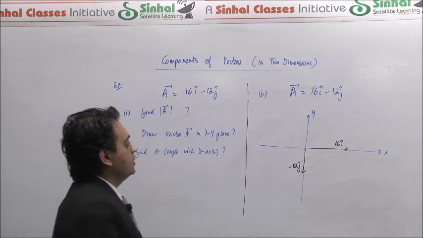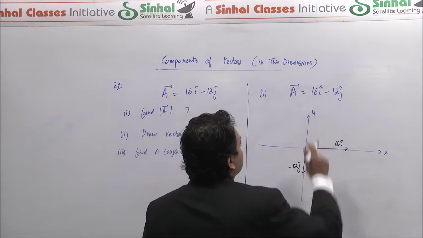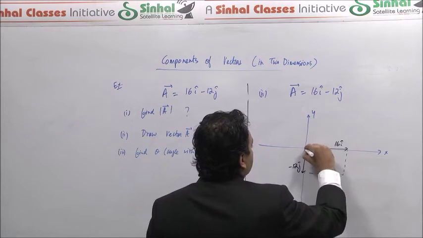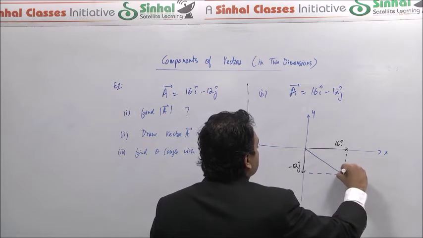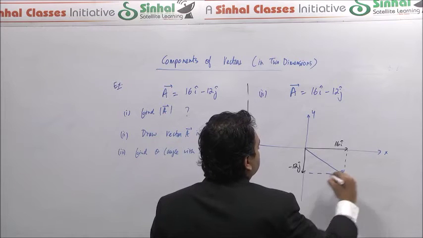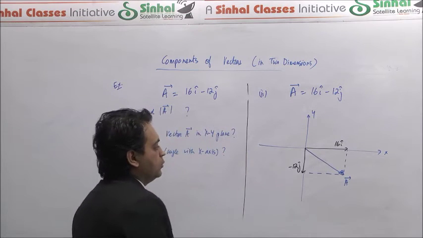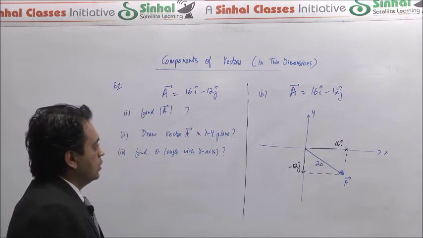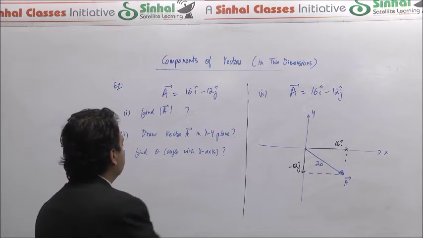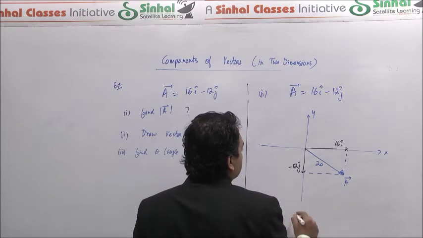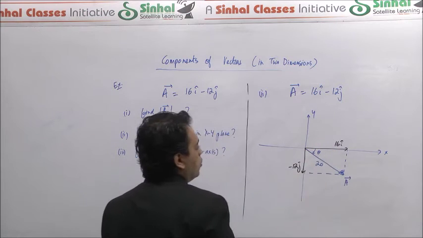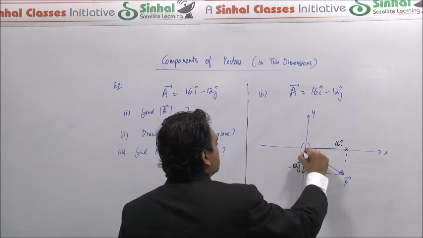Now simply speaking, the vector E is nothing but the vector sum of these two components, or these two projections. So this is how my vector E would look like, and that would be of magnitude 20, as we discussed just now. And now the final thing is we want to find out the angle theta. So technically speaking, theta would be this angle, or we could also express it as this whole angle.